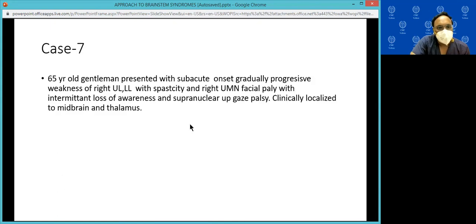Next case, a 65-year-old gentleman presented with subacute onset, gradually progressive weakness of the right upper limb and lower limb with spasticity, right upper motor neuron facial palsy, intermittent loss of awareness and supranuclear gaze palsy. Because of the supranuclear gaze palsy we can localize to the midbrain, and the intermittent loss of awareness we can localize to the thalamus.